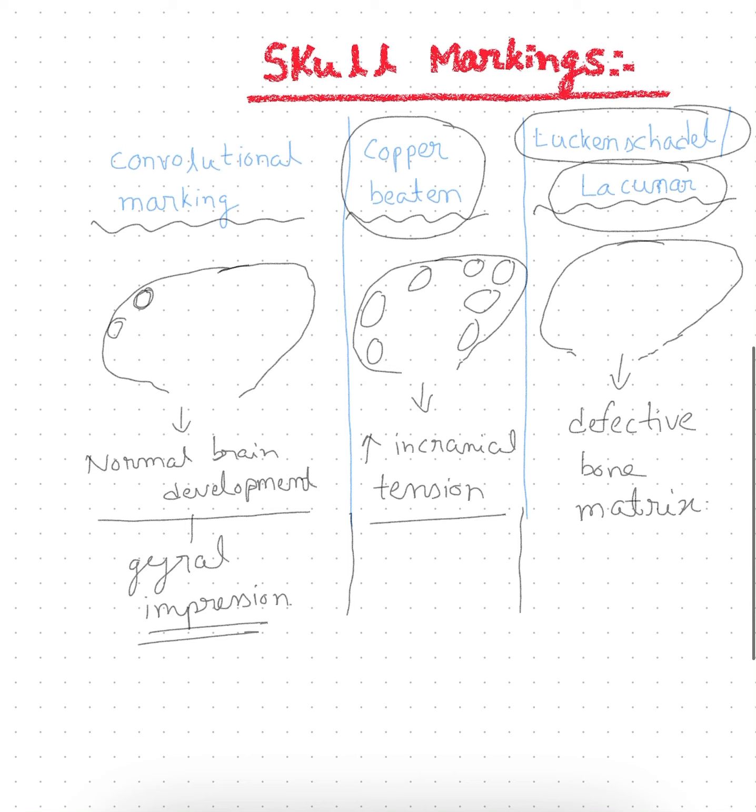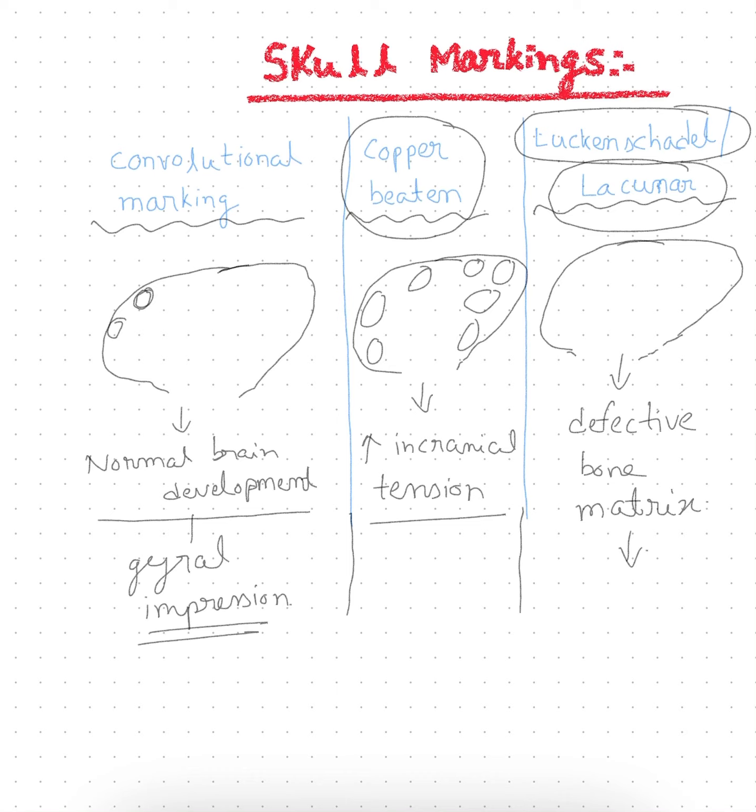Because of this defective bone matrix, there will be a defect within the inner surface of the skull. So these are not impressions, there is a defect in the inner skull bone, which leads to development of the lacunar skull. They are not gyriform, they are not because of raised intracranial tension, and they are present at the time of birth.